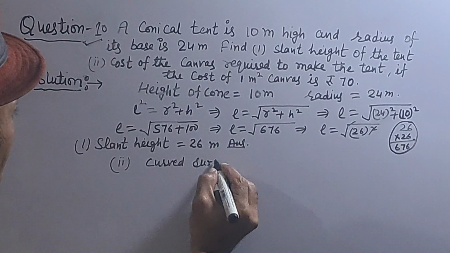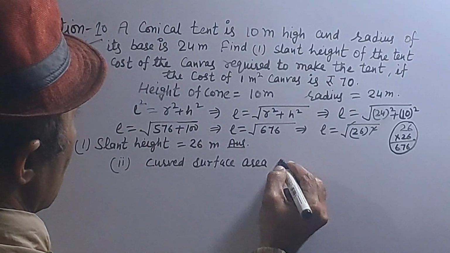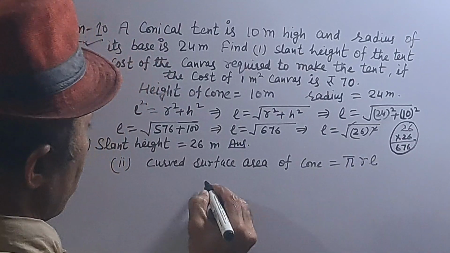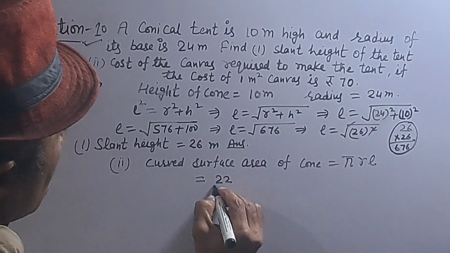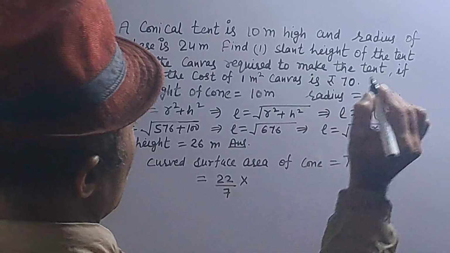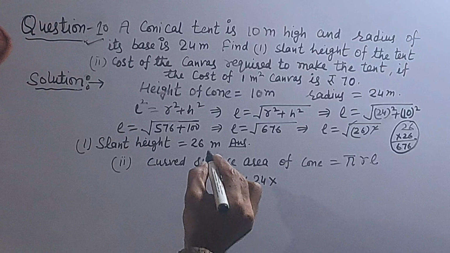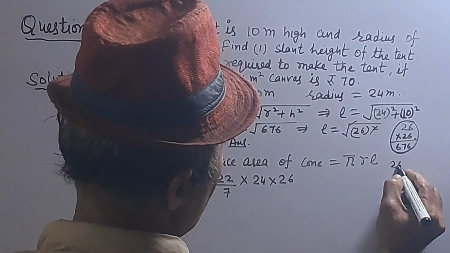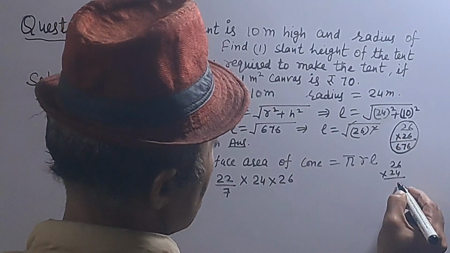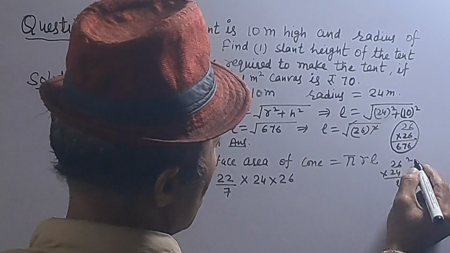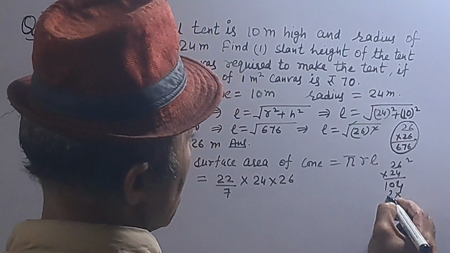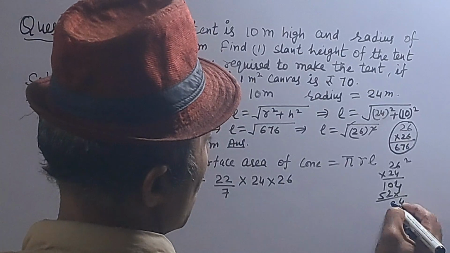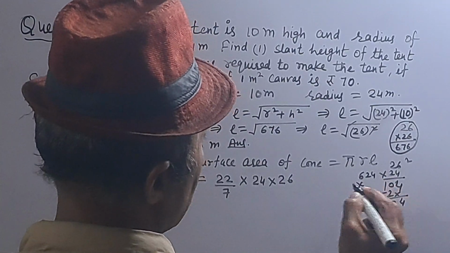Curved surface area of cone is equal to pi RL, that is pi is 22 upon 7 and radius equal to 24, slant height we get 26, into 24. 26 into 24 is equal to 624, multiplied by 22.